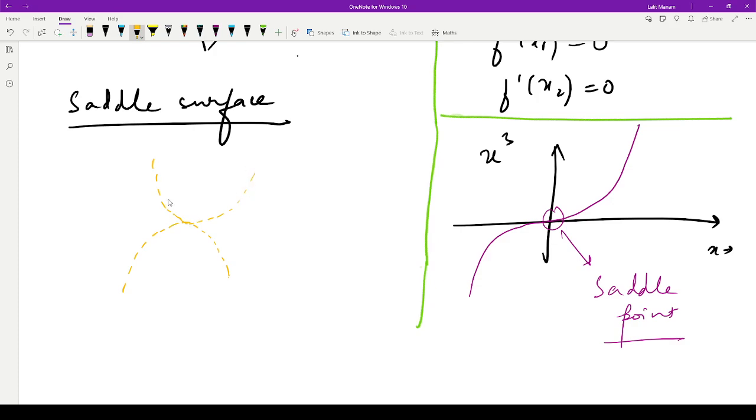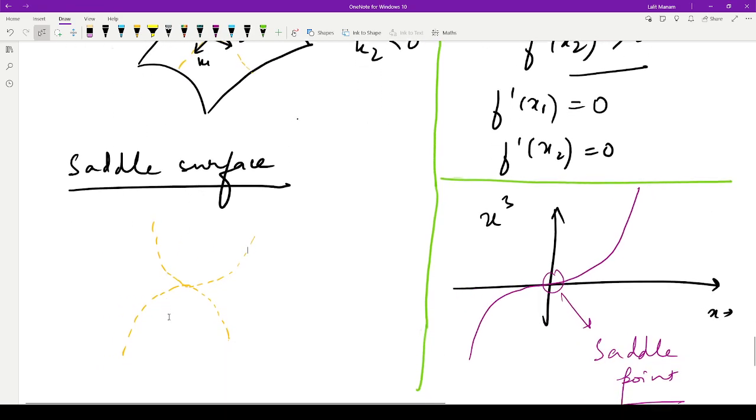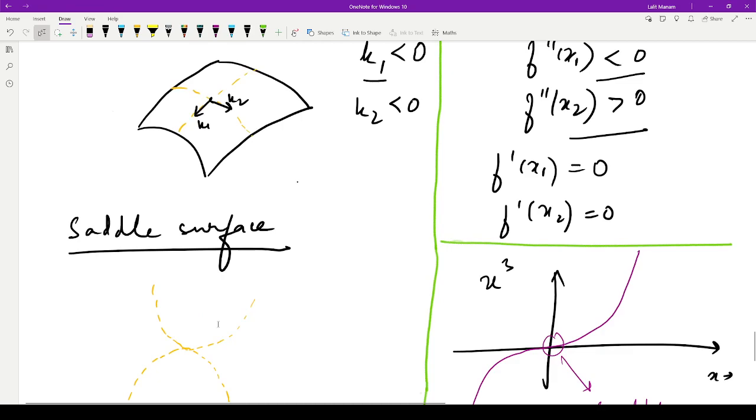Okay, so here if you see, both the directions they are maxima, right? Yeah, so here in one of the directions, probably a simplistic case would be maybe in x direction it is a maxima, but in y direction it's a minima. So the curve will look pretty complicated. I don't know how to draw it.